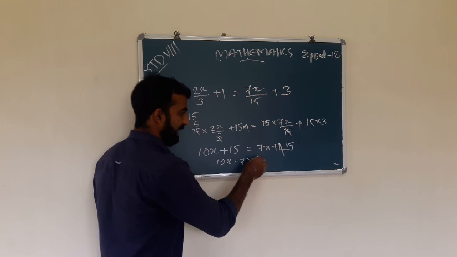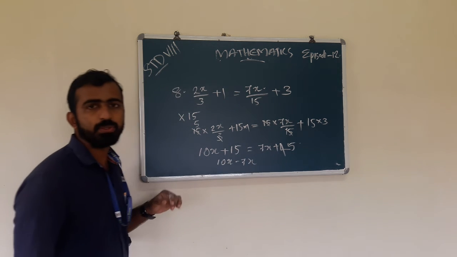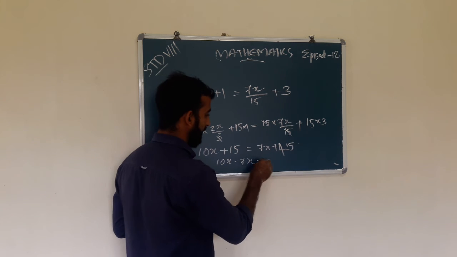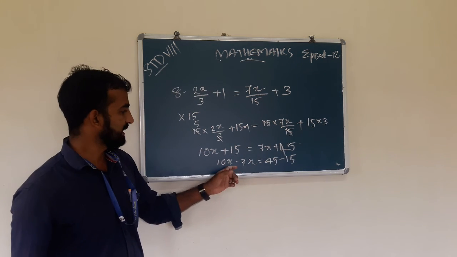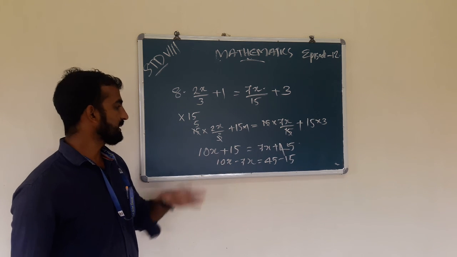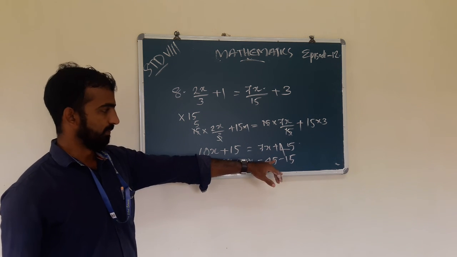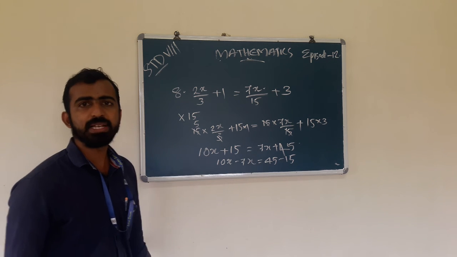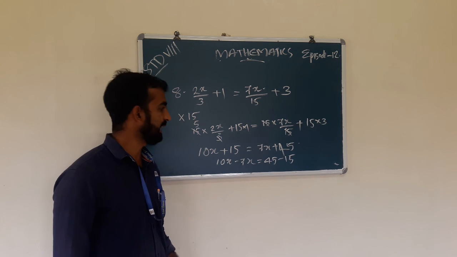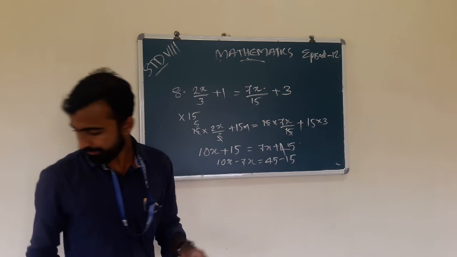Minus 7x: 7x is coming to left side. And next, 45 minus 15. That is 10x minus 7x equal to 45 minus 15.